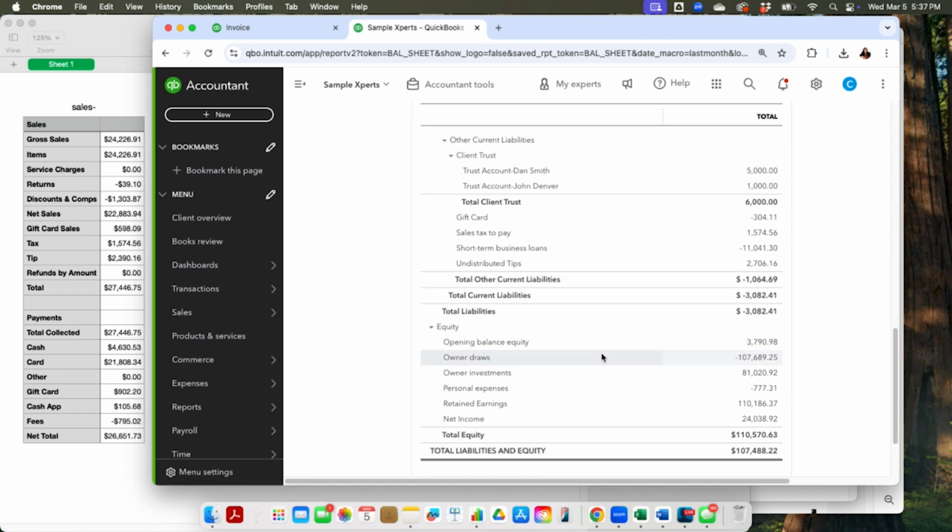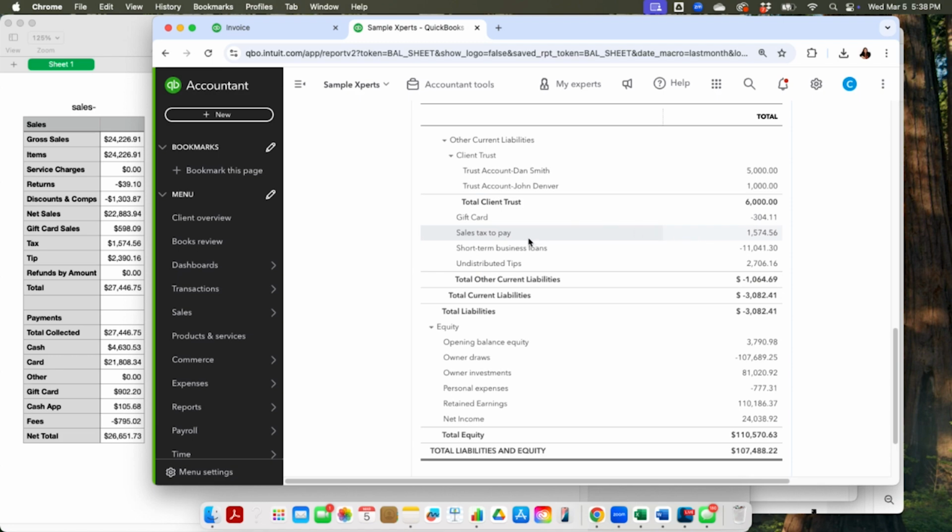Okay, so this is the sales part, and I recorded all this liability here. So what do you do in order to eliminate this liability? For the sales tax to pay, once you see the sales tax in the bank feed, you can categorize it as sales tax to pay.